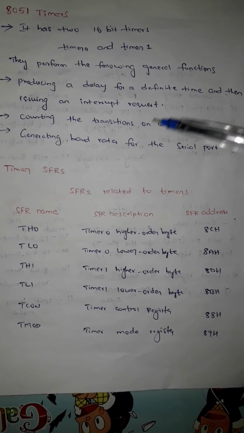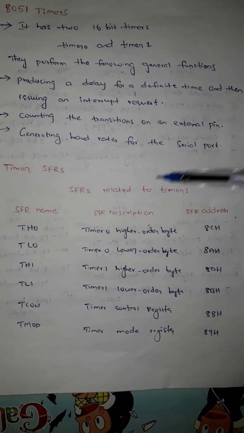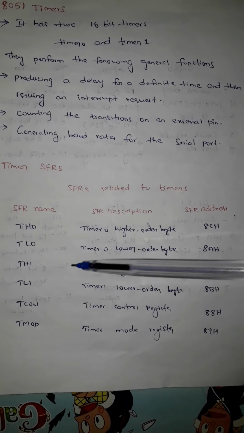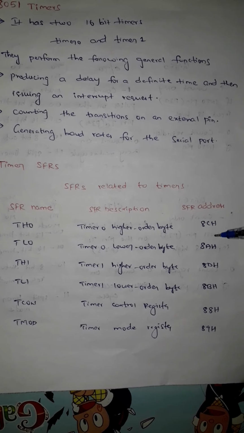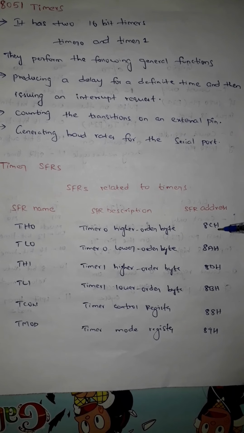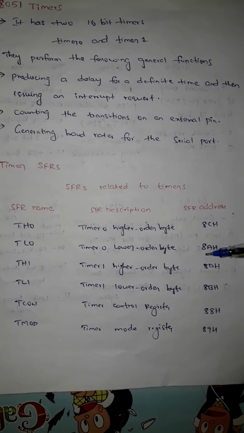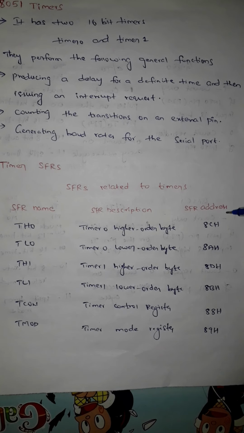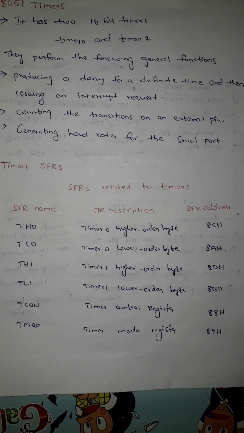Similarly for timer 1 we have the TH1 and TL1 registers, holding the higher order and lower order values of timer 1. Their addresses are shown here: for TH0 it is 8CH, for TL0 it is 8AH, for TH1 it is 8DH, and for TL1 it is 8BH. By using these addresses you can write values to the registers or read the register values.